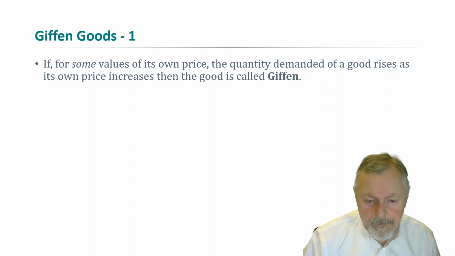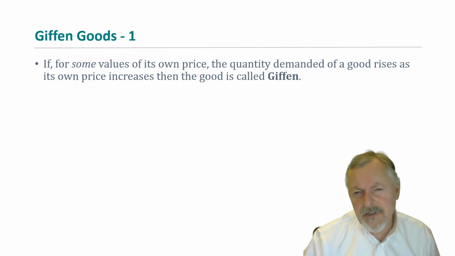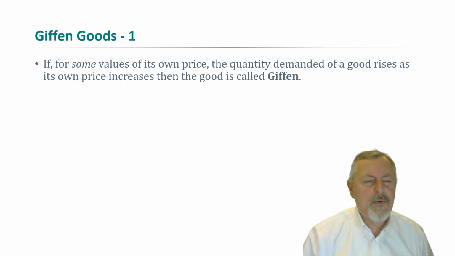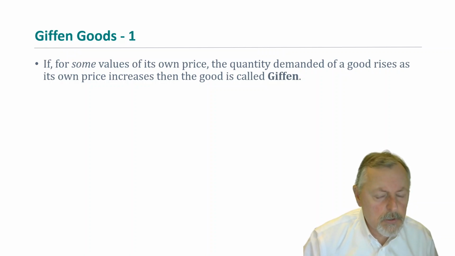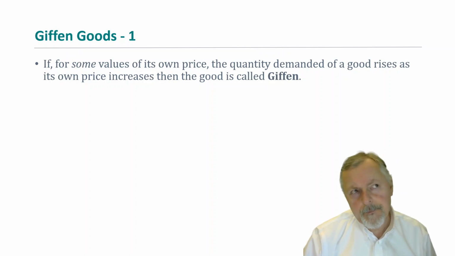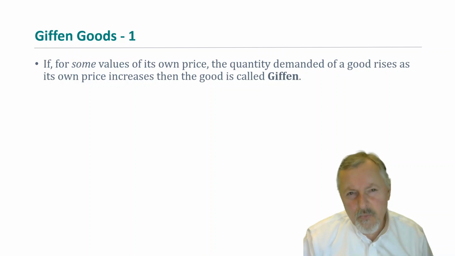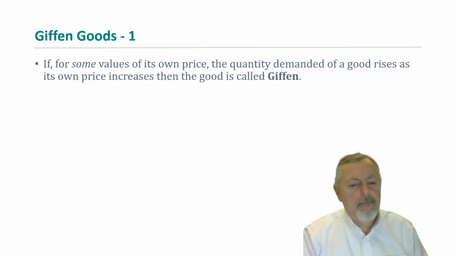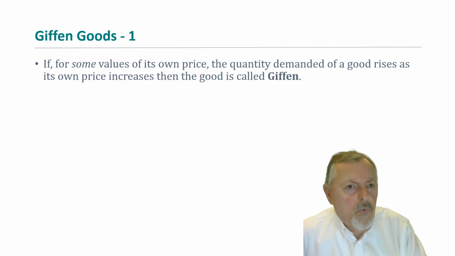It's tough to come up with practical examples of Giffen goods. There's still disagreement about whether they really exist in the real world. Some economists say no, they don't really exist. I tend to think they do. They're just very rare.